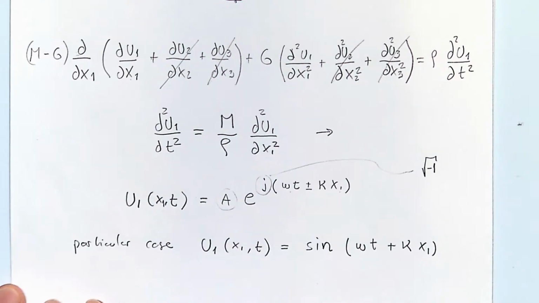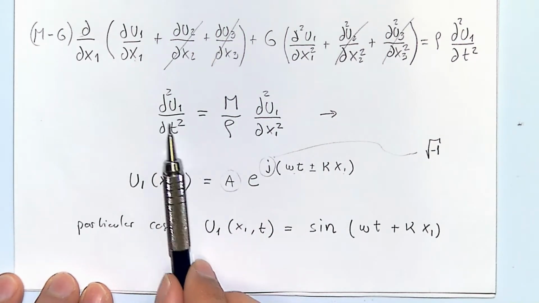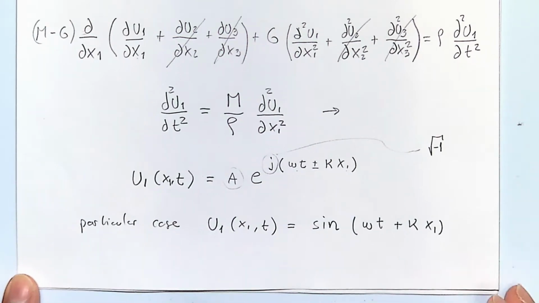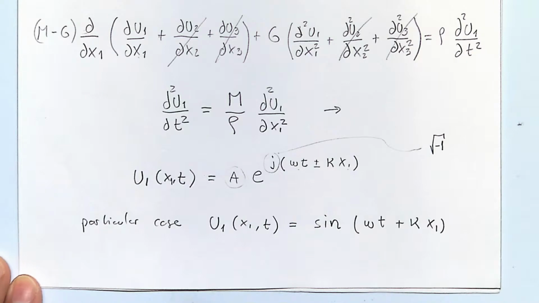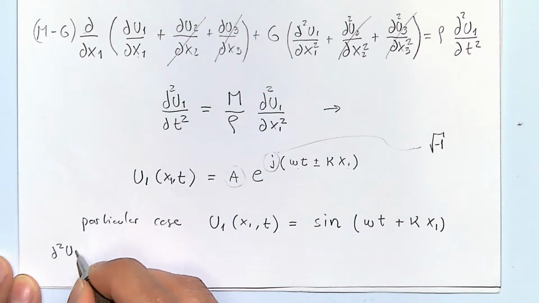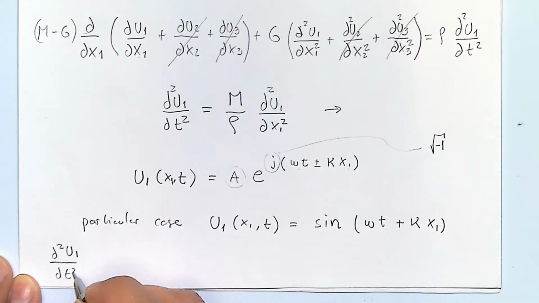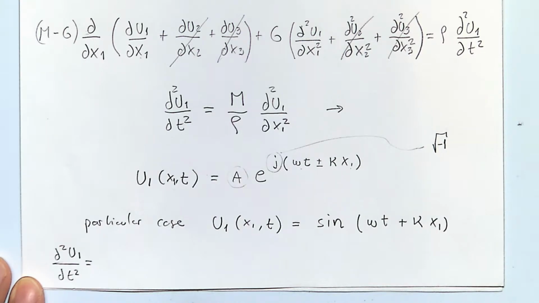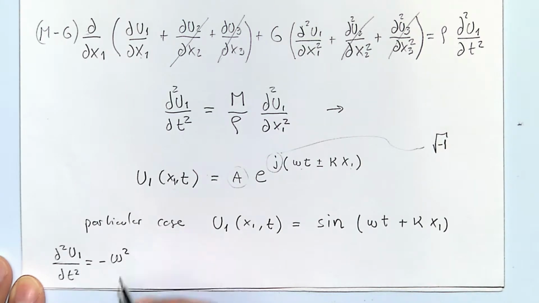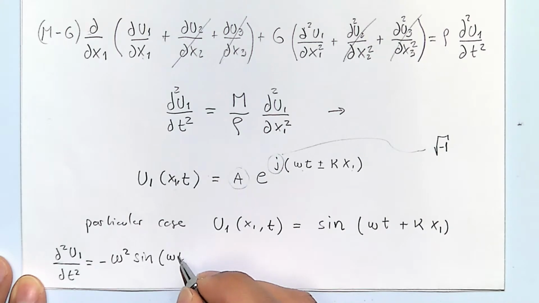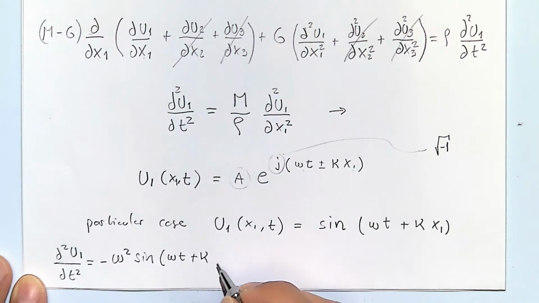So my objective is going to be to compute these two second derivatives. Let me try to do it here so we don't have to do it in another piece of paper. What is going to be the second derivative of u1 with respect to time 2 times? I know you can tell me what this is. Negative omega squared sine of that function, right?